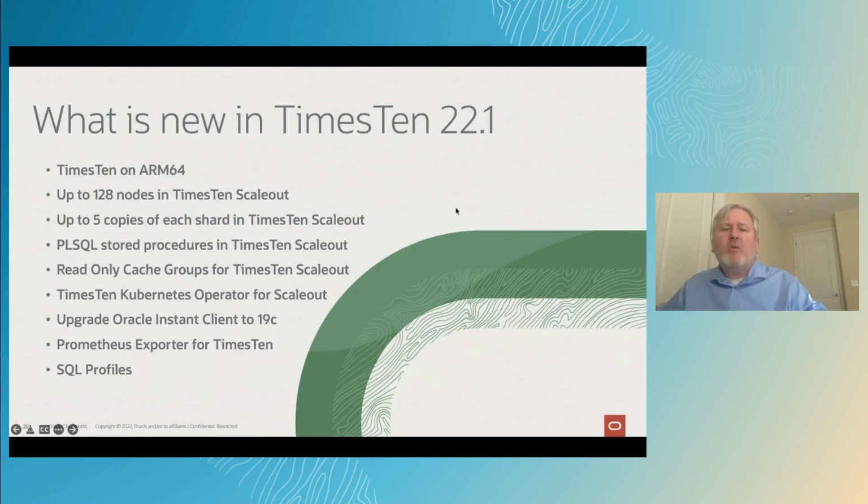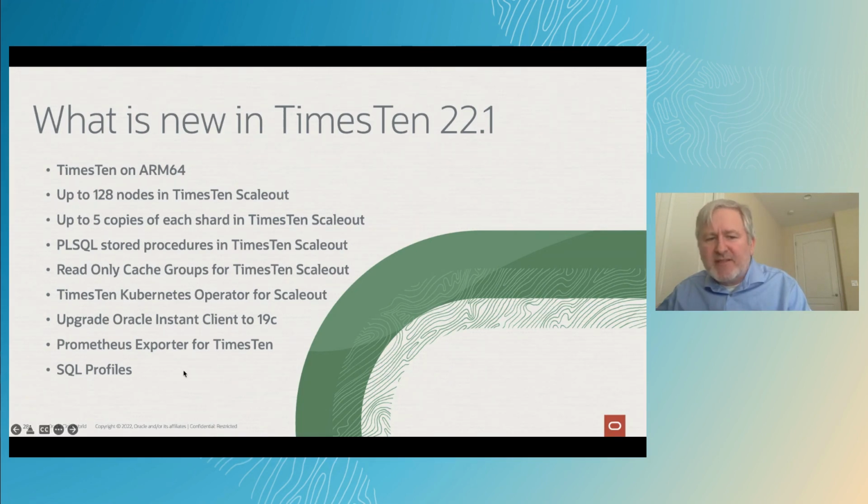Next, let's look at what's new and cool in TimesTen 22. The main thing is that TimesTen is now supported on ARM64 for Linux. That means TimesTen can run on something as small as a Raspberry Pi or on enterprise systems such as Ampere Ultra or Graviton.